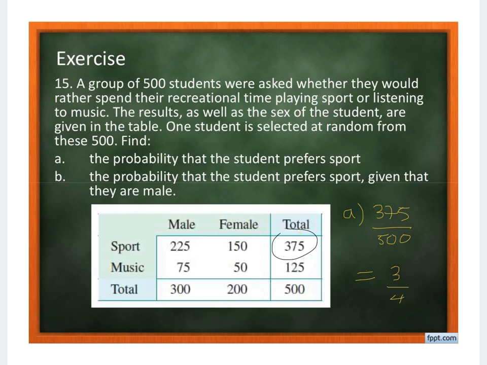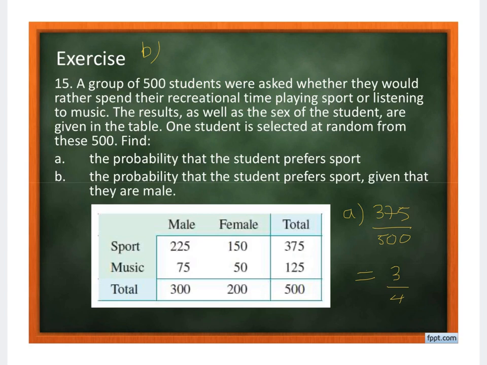For B, the probability that the student prefers sport given that they are male. So male occurs first, it happens first.